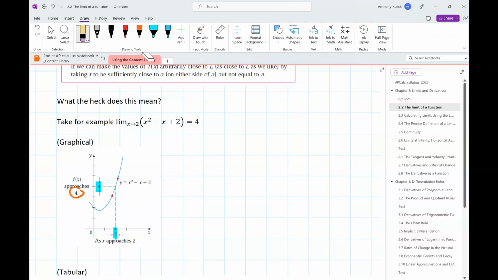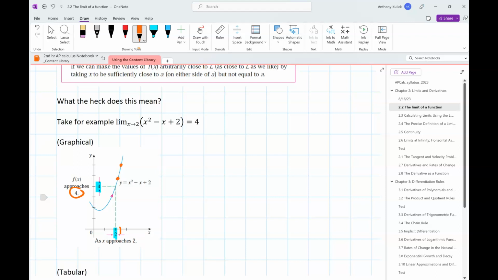And what our definition is saying is I can pick a value, say, of 3, and that's going to be kind of close to 4, right? And I can get as close to 4 as I want by picking values progressively closer and closer to 2. If I pick something here, I've gotten a little bit closer to 4.